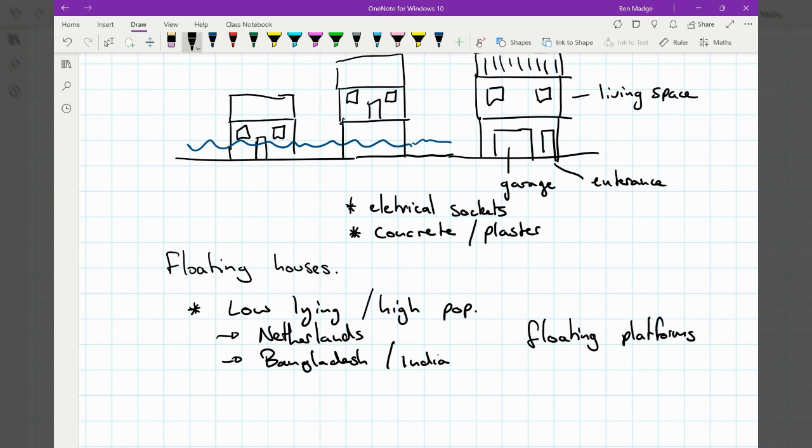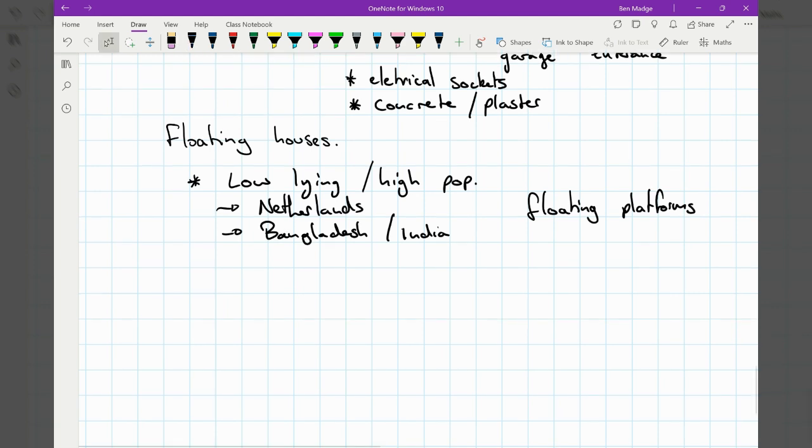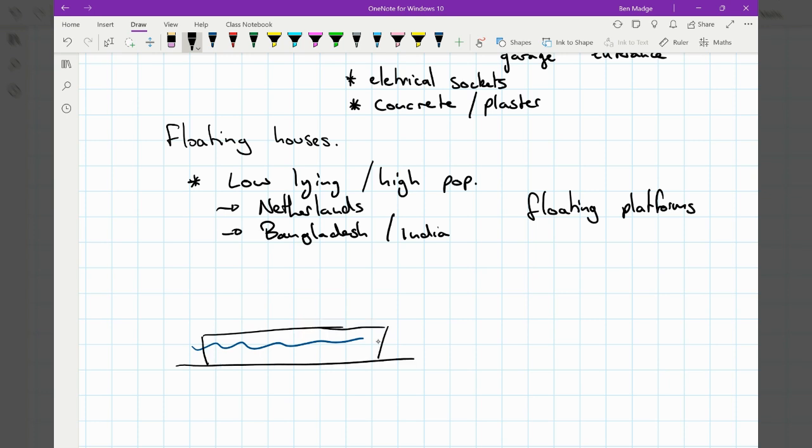This means if it is low water, the platform will rest on the bed, and it doesn't make any difference.